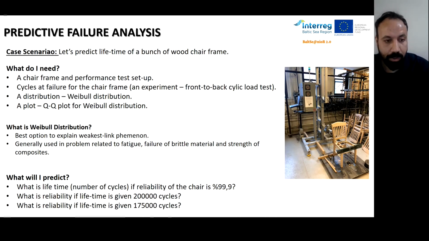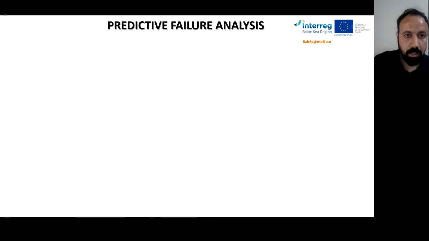The second one, what is the reliability if the lifetime is given as 200,000 cycles? And the third one, what is the reliability if the lifetime is given as 175,000 cycles? So let's check it. We have three questions. We will create a data set here.